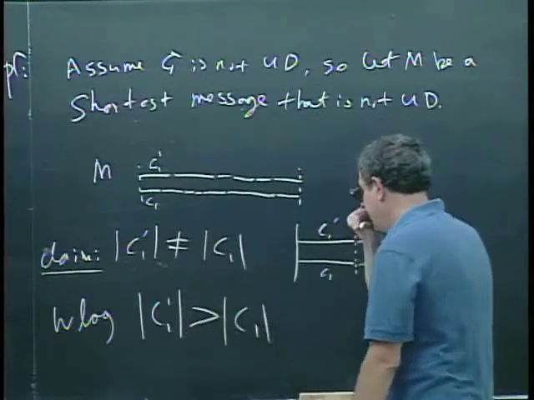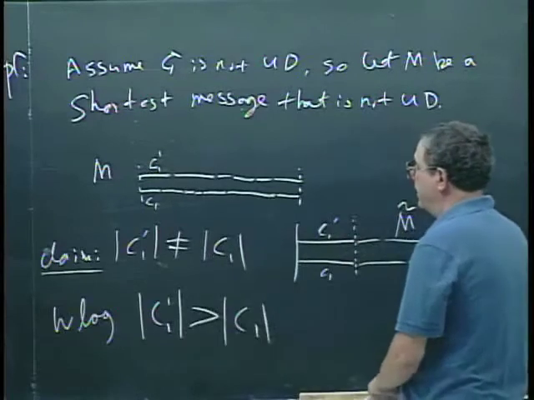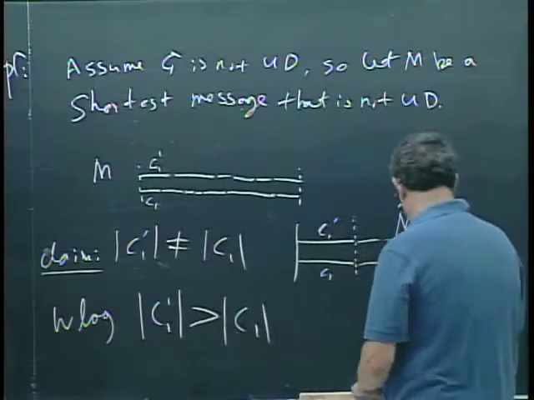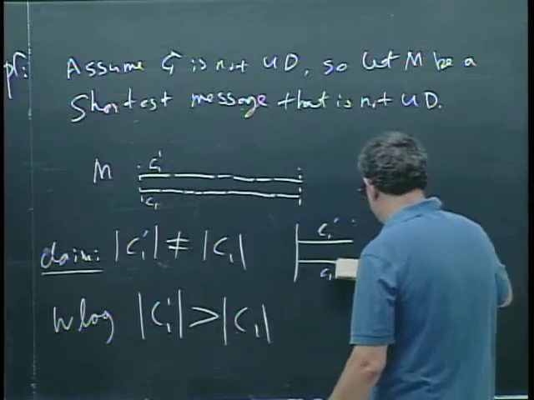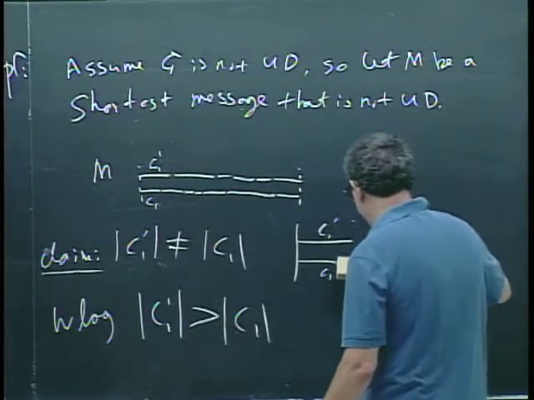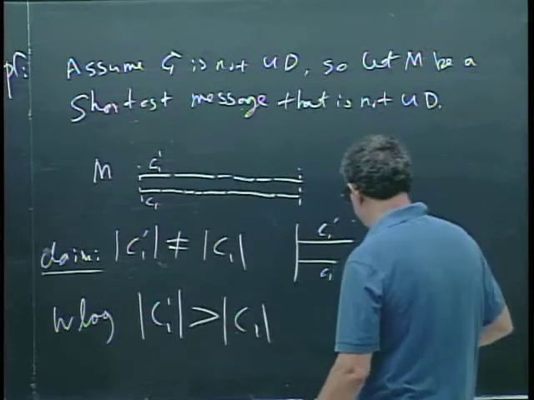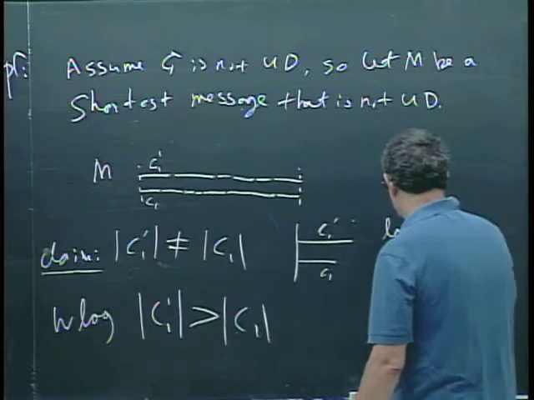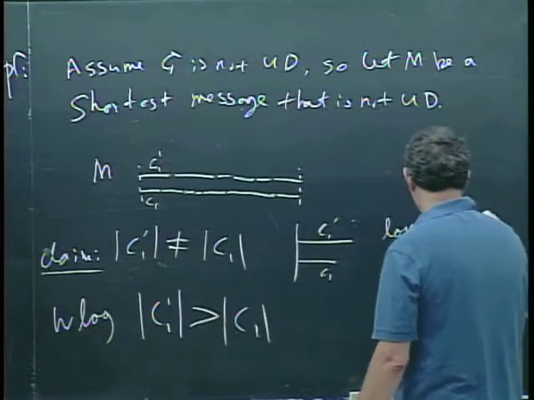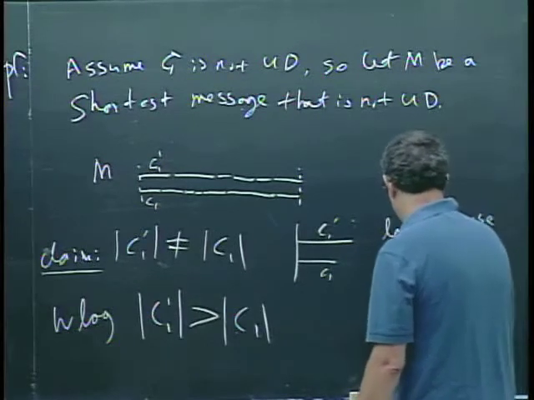All right, so that being the case, one is strictly larger than the other. At the very beginning of these two parses, we have the longer parse and the shorter parse.